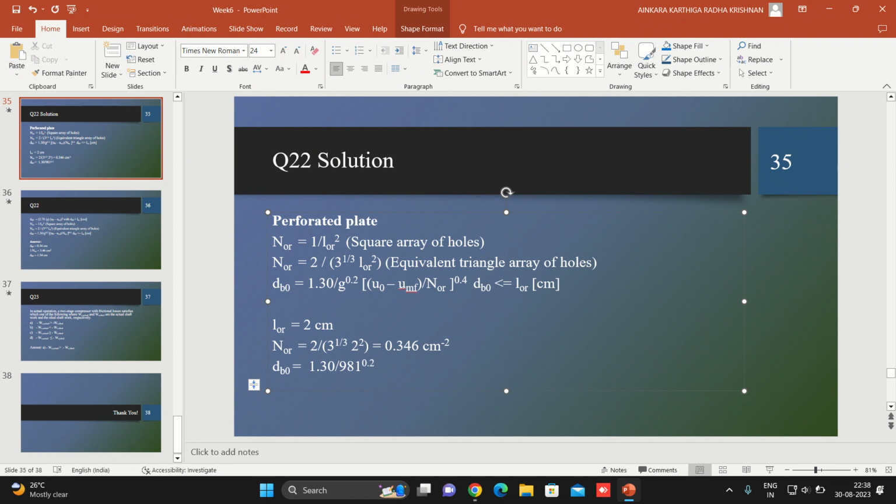So again this and this into u naught is 15 minus 1 divided by 0.346 to the power of 0.4, divided by 981.2 into 1.30.